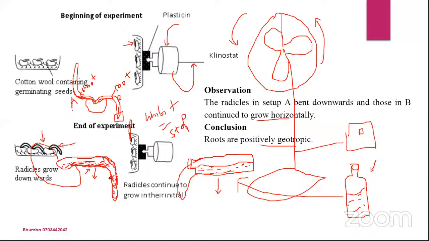They grow and elongate and make more. So the cells on the lower side are going to elongate more than the cells on the upper side. In the root, this side is not growing so much, but this upper part is growing so much, and that is what makes the roots bend downward.